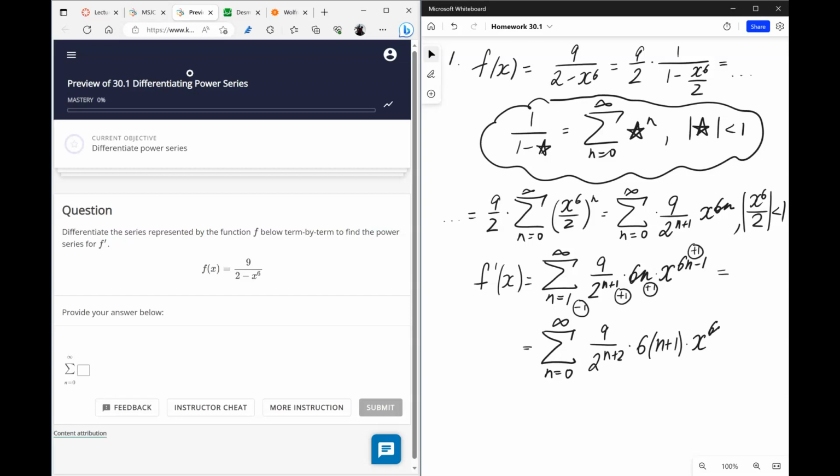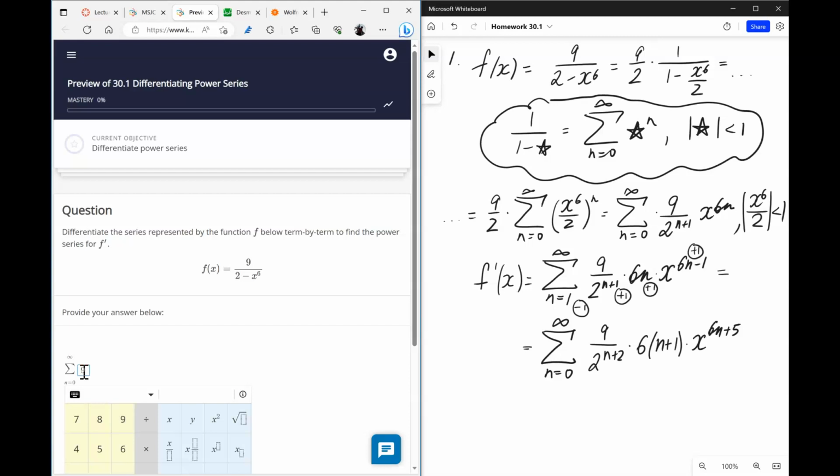Now, I know that for some reason Newton doesn't do that, so if you enter this correct answer, it will mark it wrong. And that's definitely Newton's fault.